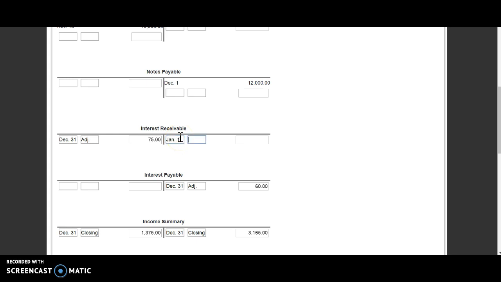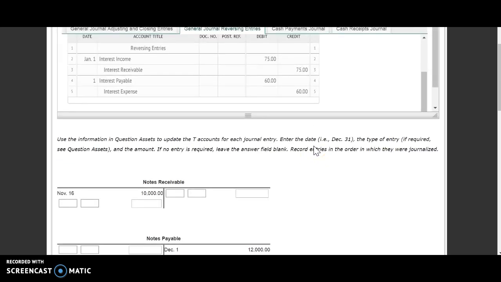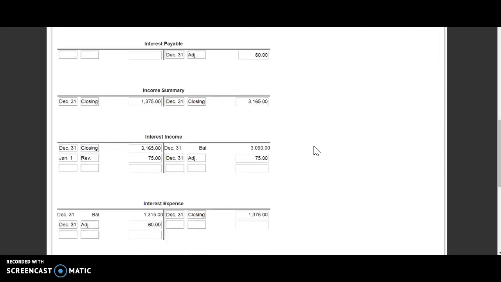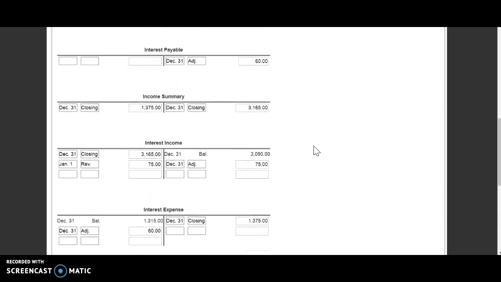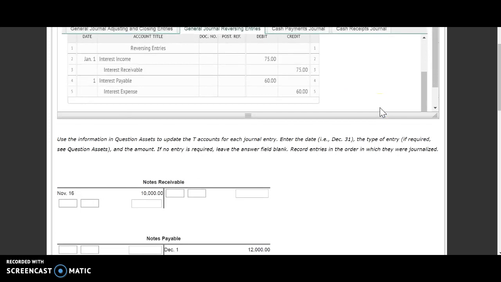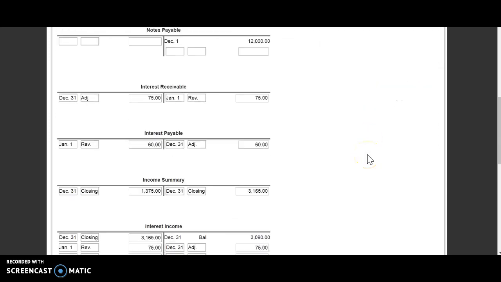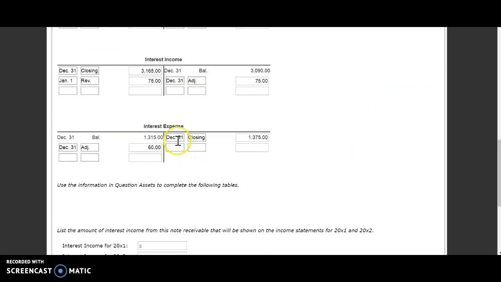So January 1st, reversing entry, and a credit of 75. Next one, I'm going to debit interest payable. January 1st, reversing entry, and a debit of 60. And then I'm going to credit interest expense for $60. January 1st, reversing entry, and a credit of 60.